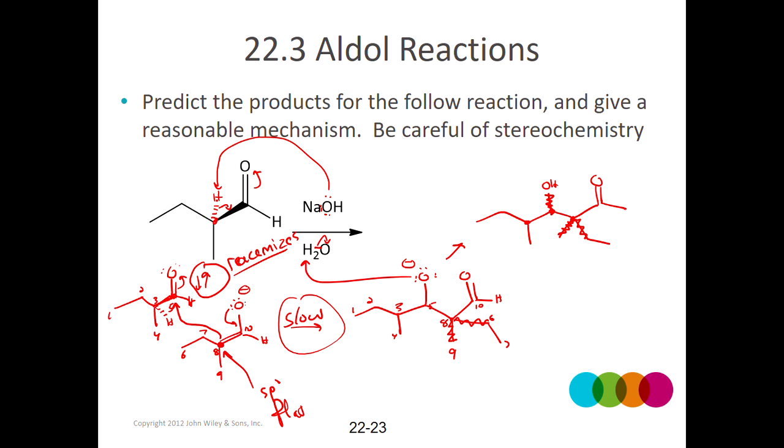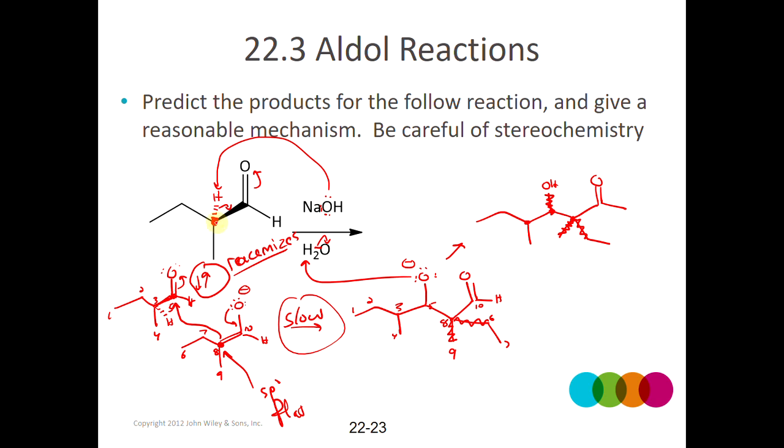Because every time this is picked off to create the enolate, and then the electrons swing back in and it picks a proton back up, that proton transfer where this flat carbon picks up a proton, it could pick it up from the top or from the bottom. And so I would really get a racemic mixture.